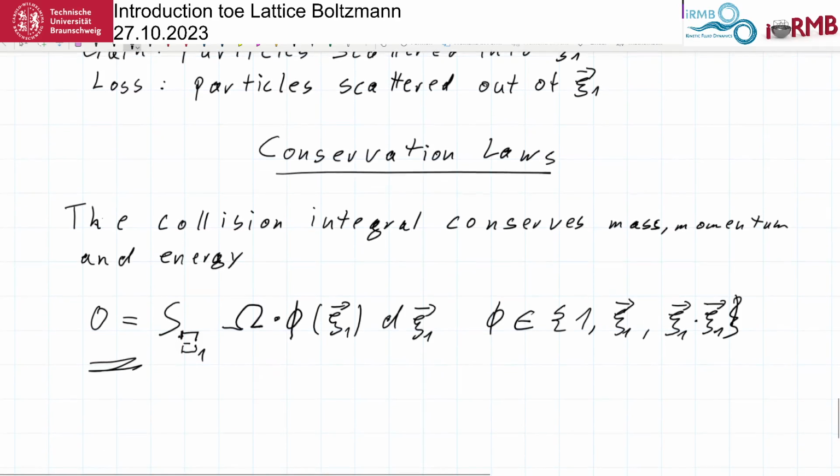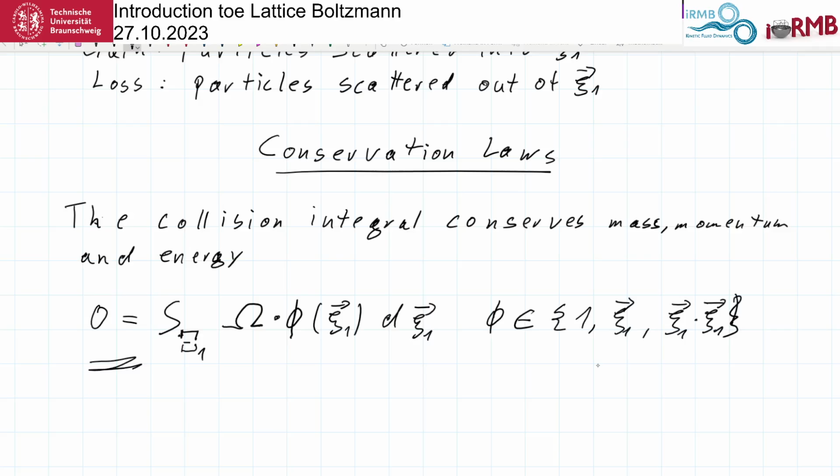So, and this kind of thing here, which may not be very familiar to you at the moment, will hopefully become more familiar to you during the lecture, because this is very important in kinetic theory, where we work with so-called moments. I mean, maybe in statistics you've learned about moments, right? Okay.